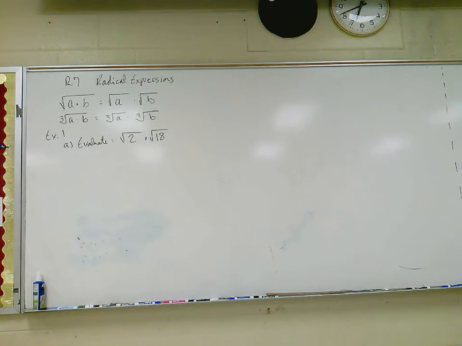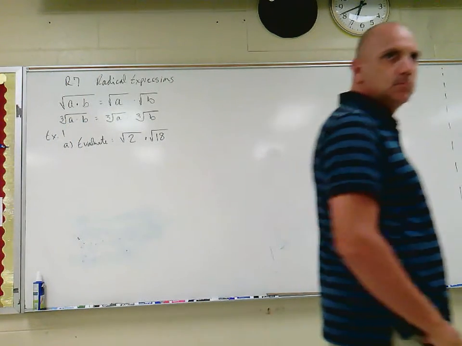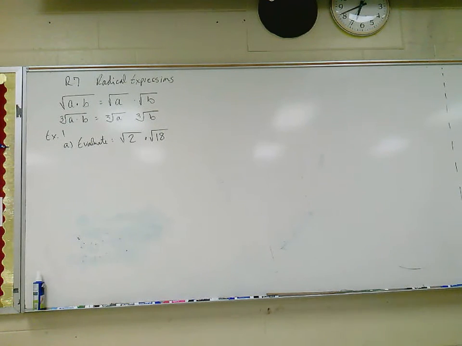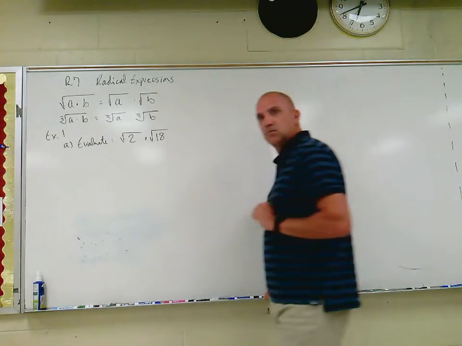Do you know what the square root of 2 is off the top of your head? No, it's not a perfect square, is it? Is 18 a perfect square? No, because something times that same thing doesn't give you 18. So right now, it's kind of cumbersome like this.